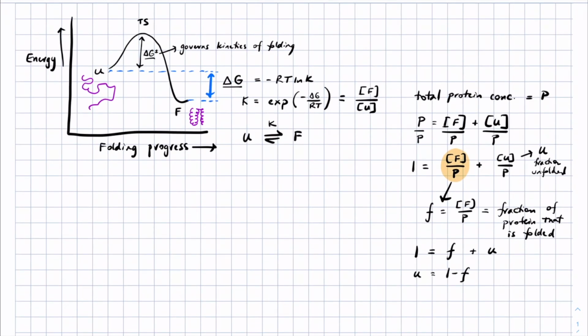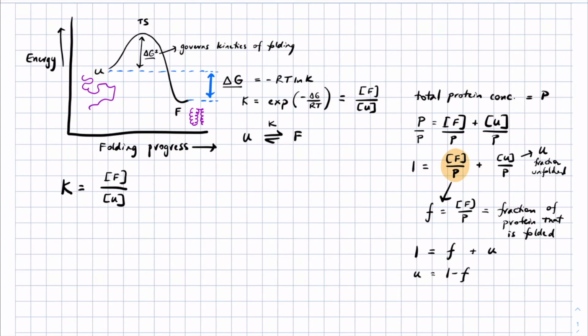Let's go back to our expression for the equilibrium constant and see if we can tease out some more details from the relationship that we've got so far. So folded concentration divided by unfolded concentration. All right.